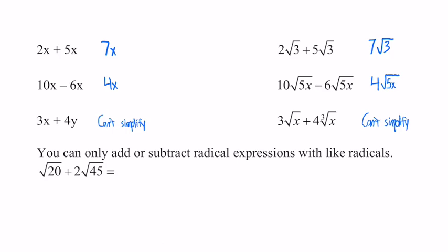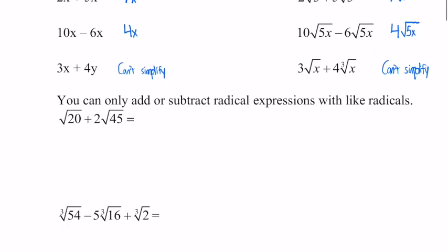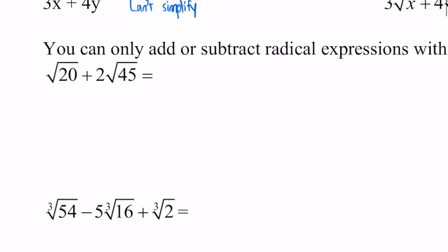So keeping that in mind, let's look at some problems where we have root expressions added together. Before you decide if they're like radicals or not, you need to simplify the root portions as much as you can. So looking at, for example, the square root of 20, we could simplify by splitting it up into 4 times 5.